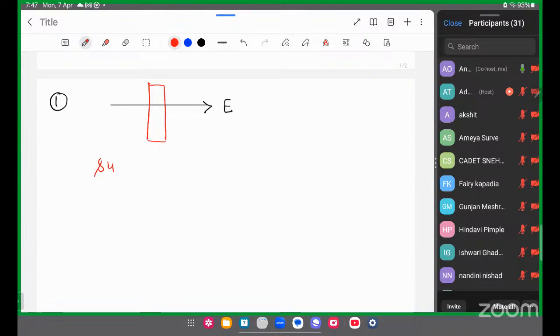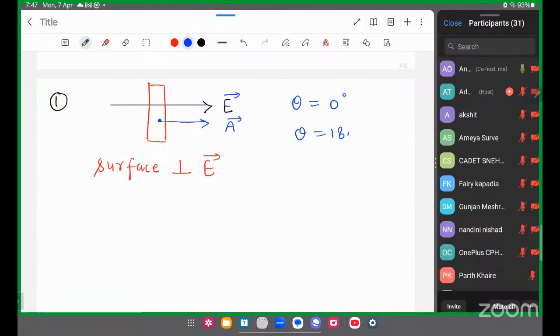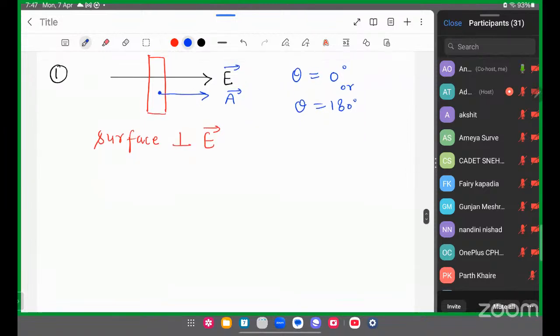Since the surface is perpendicular to the electric field, the normal vector on the surface will be parallel to the electric field, which means E vector and A vector will be in the same or opposite direction, so theta will be either 0 degree or 180 degree.